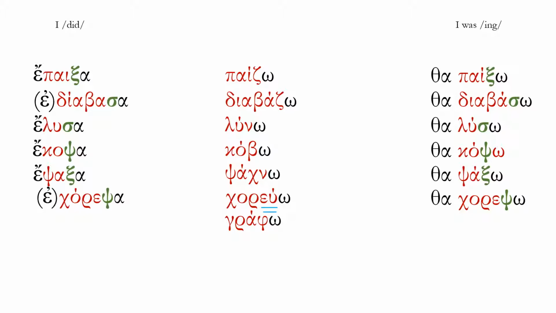γράφω, I write. Now, if you remember something that I've mentioned in previous slideshows, phi is one of those late letters. Originally, phi was written like this: p and h. This is not the ita that we know from later Greek, not just modern Greek, but it could be the Greek of 1,000 or 1,500 years ago, 2,000 years ago.